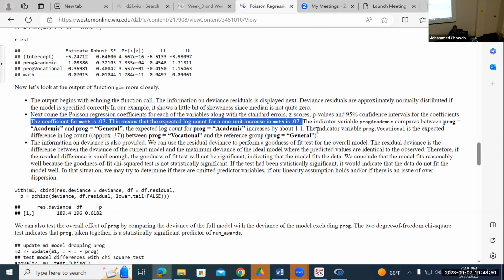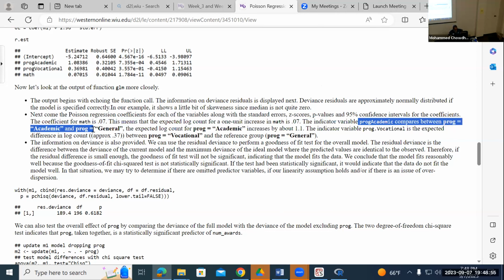And now the indicator variable compares program academic and program general. General is the reference category, and academic and vocational are the compare categories. We want to compare. So what is the result?